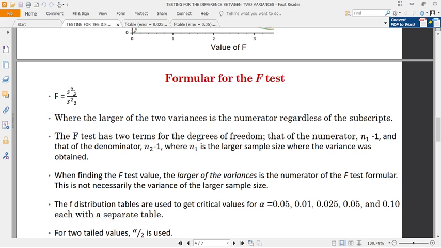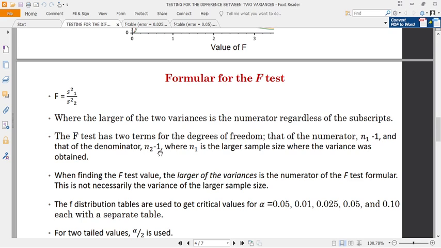If you want to get an F test value when testing variances, we take the population with the bigger variance and divide it by the variance of the population with the smaller variance. So the larger of the two variances is the numerator, regardless of the sample sizes or the subscripts.